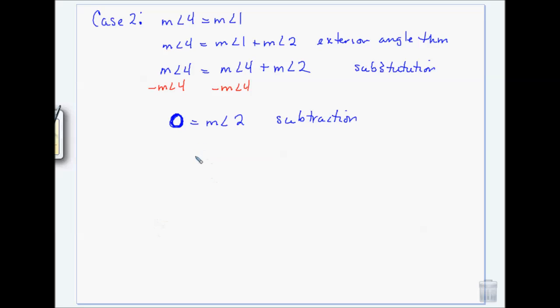No. So I have a contradiction. So I know that the measure of angle 4 is not equal to the measure of angle 1.